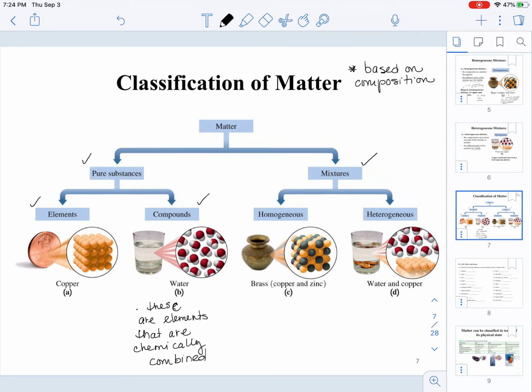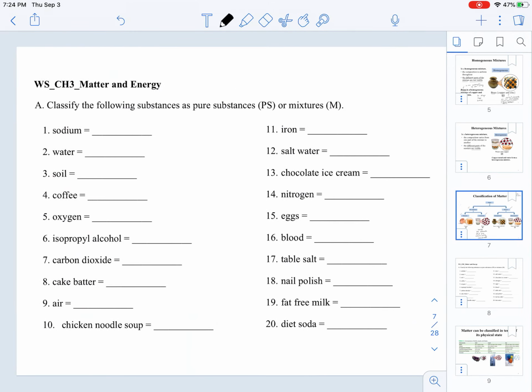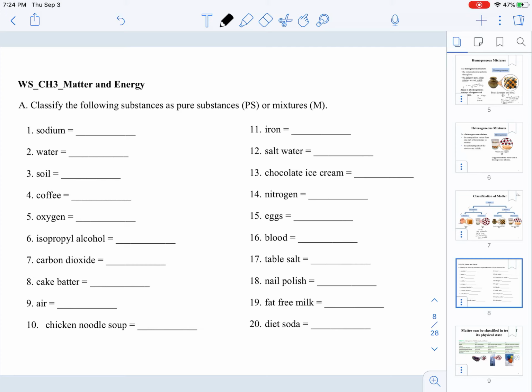When it comes to mixtures, we can have homogeneous mixtures, where we have a uniform distribution, so you cannot see the different components of the mixture. In the case of a heterogeneous mixture, the different components of the mixture can be observed.